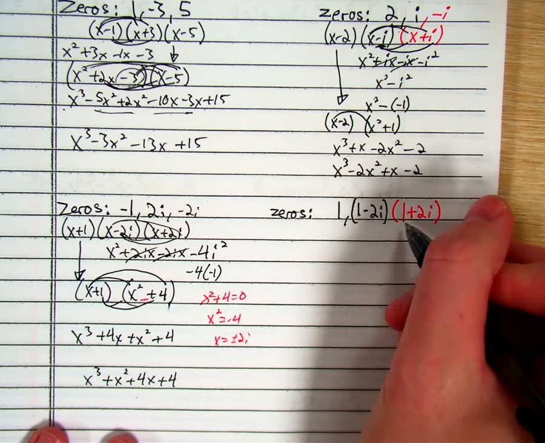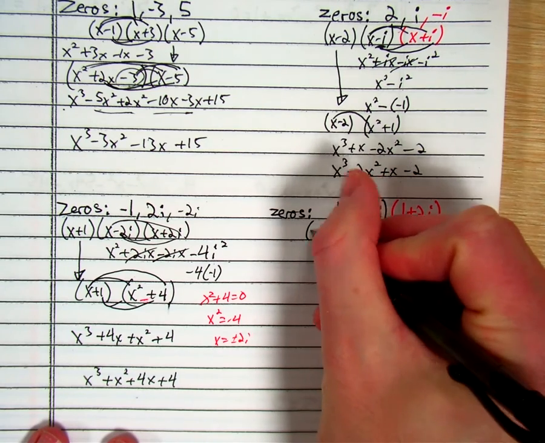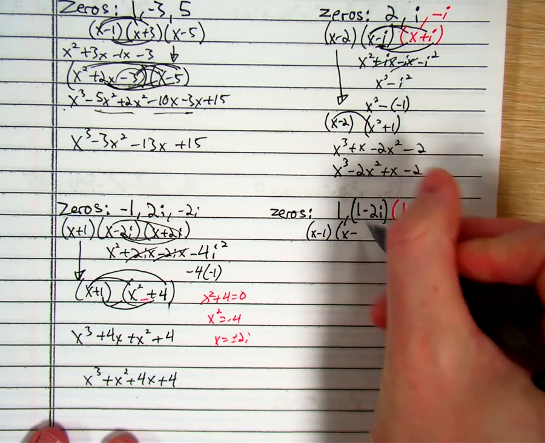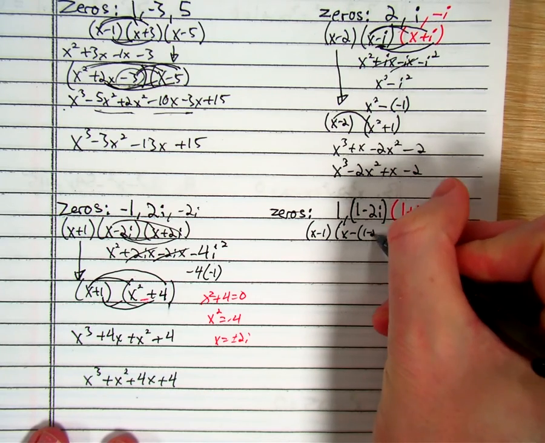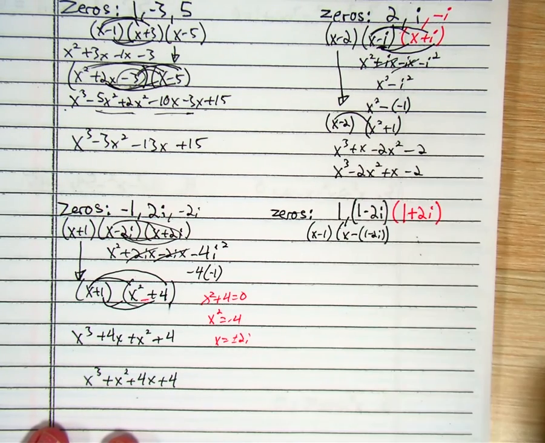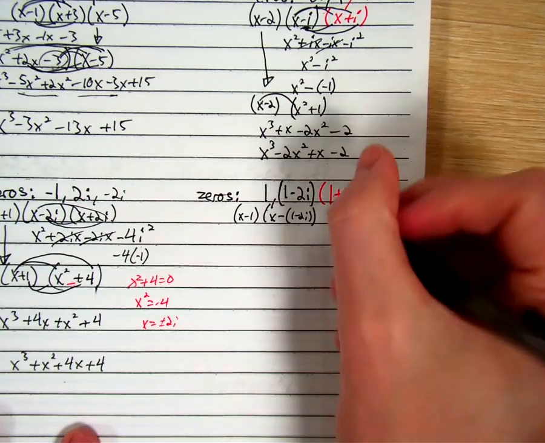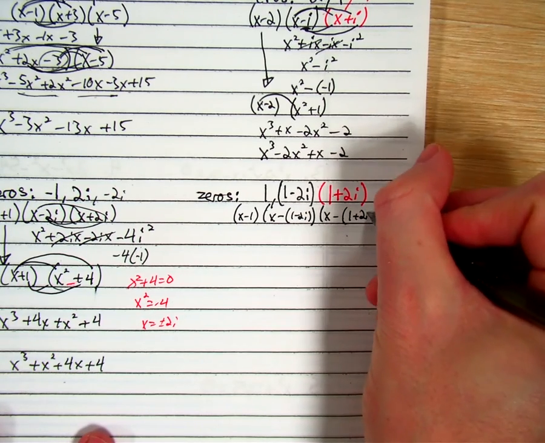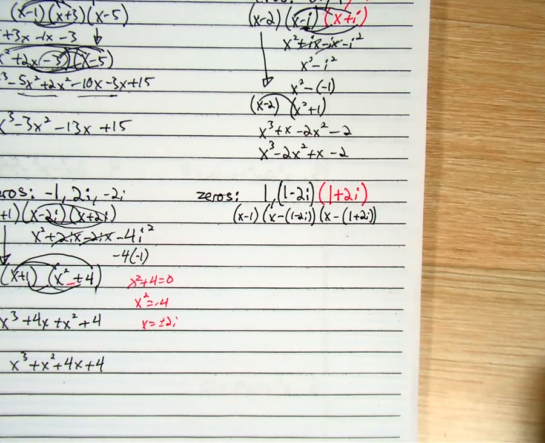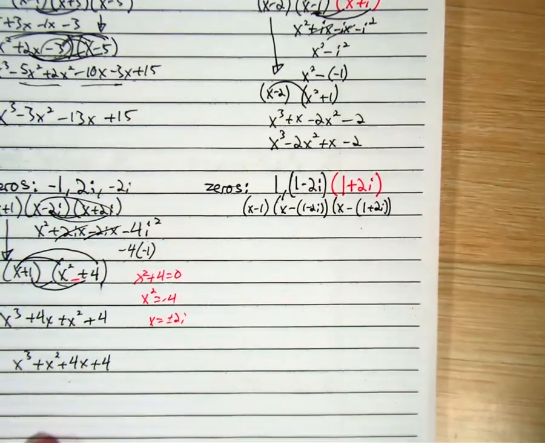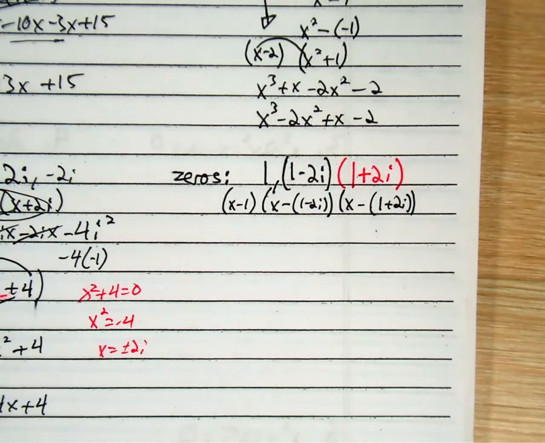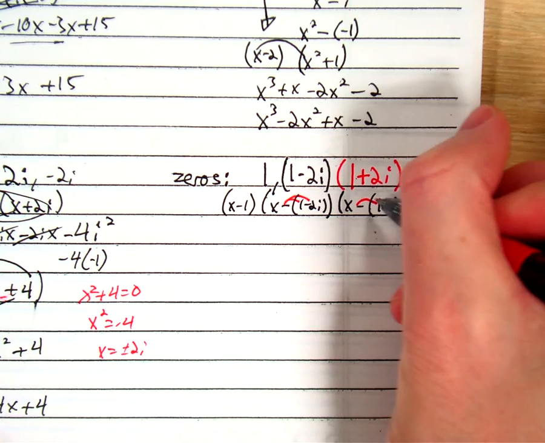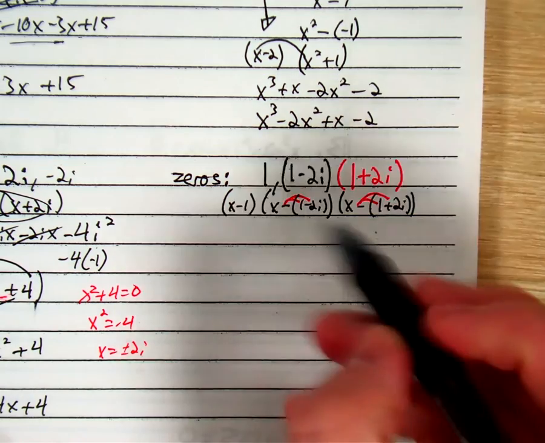And this is also kind of fun, because you're going to have x minus 1, no big deal there. x minus this whole quantity, 1 minus 2i. And then we'll have another one, x minus this whole quantity, 1 plus 2i. Before we multiply that out, we're going to push that negative sign through to both things inside that second set of parentheses.